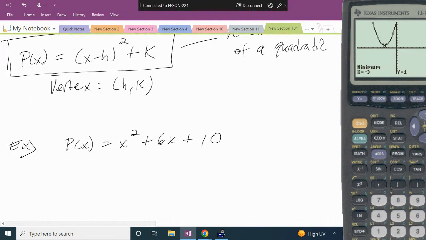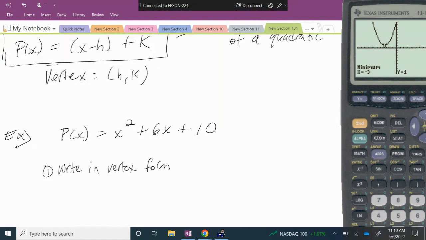So we want to take this equation that's in standard form and write it in this vertex form. So we have to do something called complete the square. All right. So we want to write it in vertex form. So the first thing we want to do is complete the square.